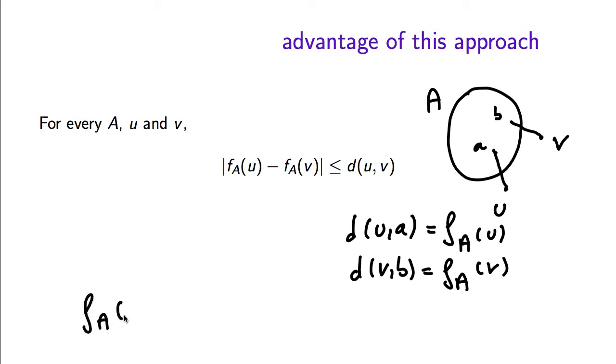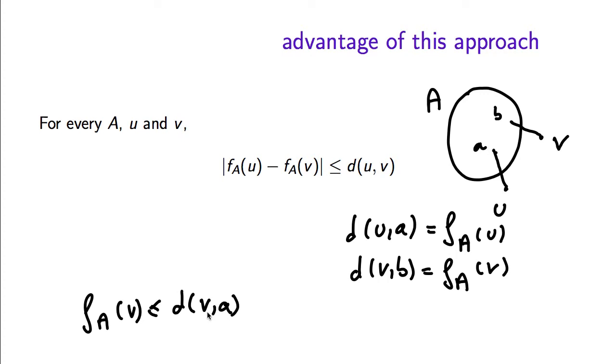But now fA(v) has to be smaller than the distance from v to a, because v must be closer to b than to any other element of capital A, including small a.